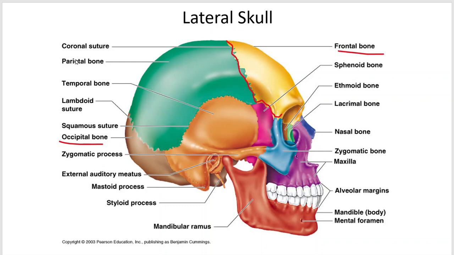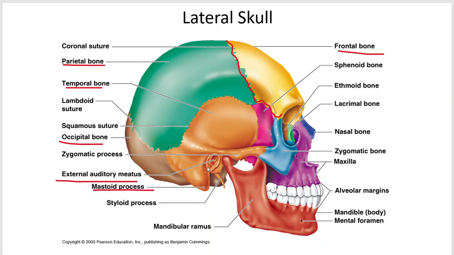And this one is the temporal bone, your temple. Let's see what we need. This area right here is the external auditory meatus. This is where the nerve comes from the ear to go to the brain to convey sound to be interpreted.